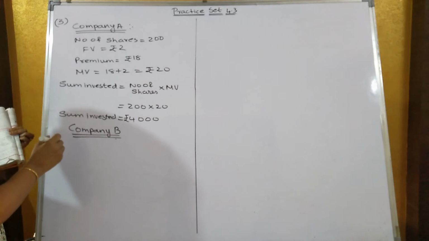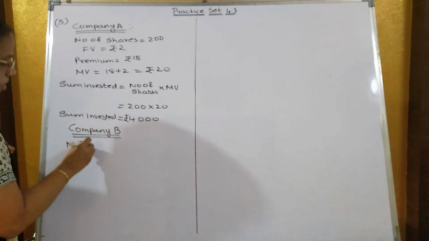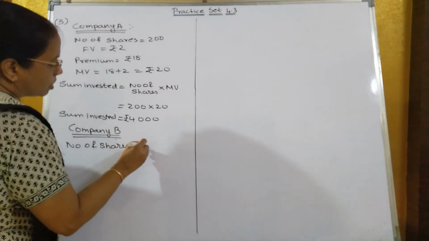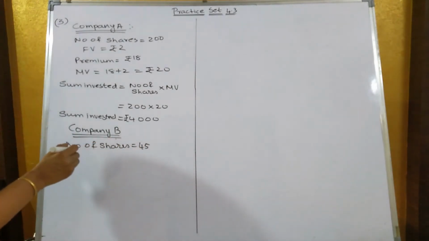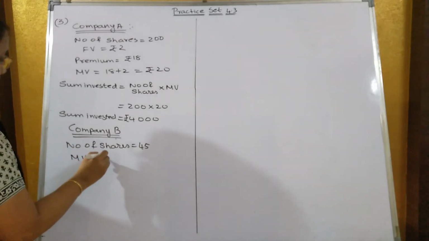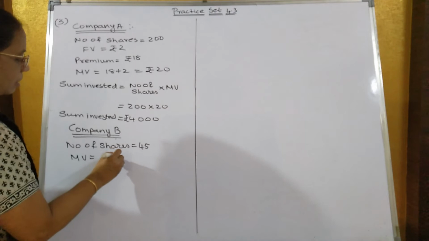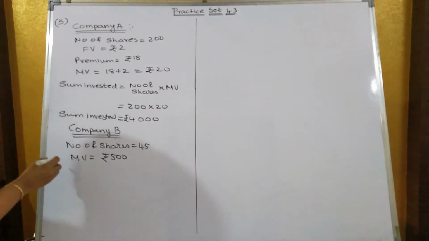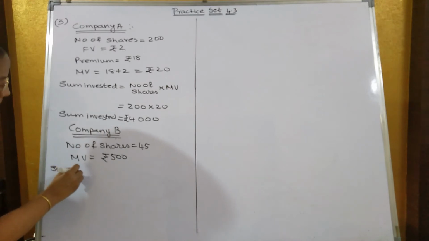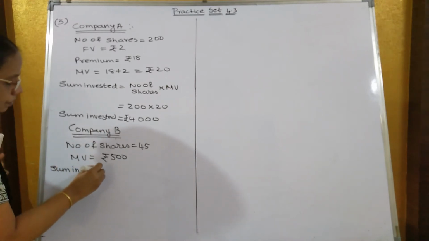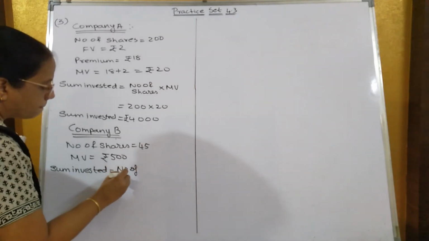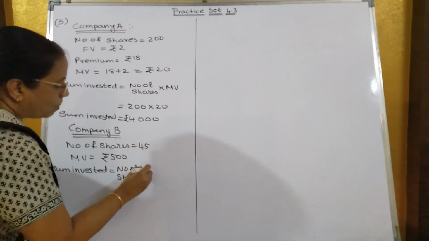Next one, company B. For company B, number of shares they have given is 45. Market value is equal to rupees 500. Since they have already given the market value, we can find out directly. So sum invested is equal to number of shares into market value.